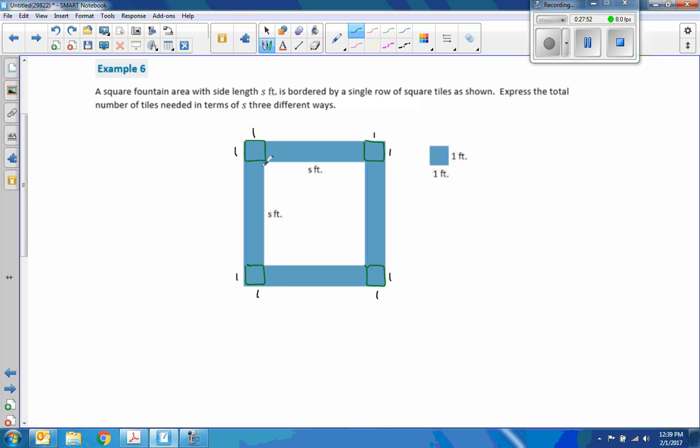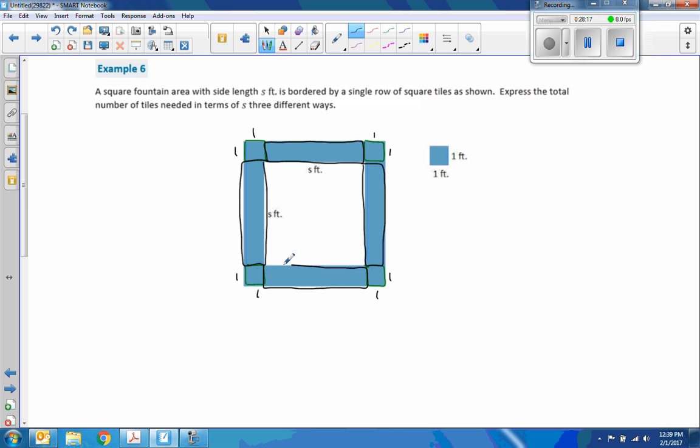So what I'm trying to say is, this is a length of s. So if you represent that as an array, that's s. This is length s. So on, all the way around. These pieces are length s, because this is a square inside that is s feet long by s feet.